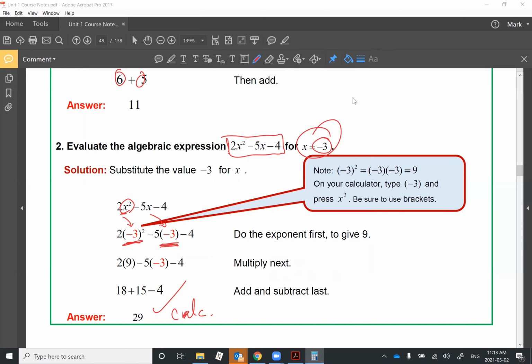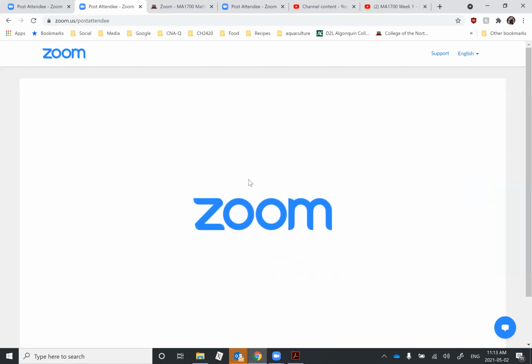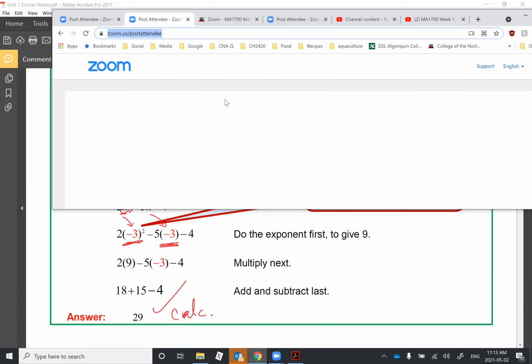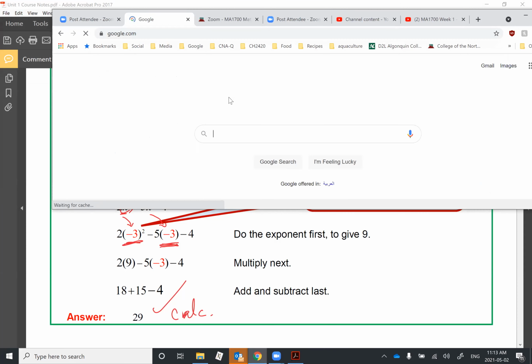Okay, new plan. Plan number 2. I don't like that Microsoft calculator all the time. What I wanted to do was show you how you could enter this whole thing. I'll just use, I think Google might do it.